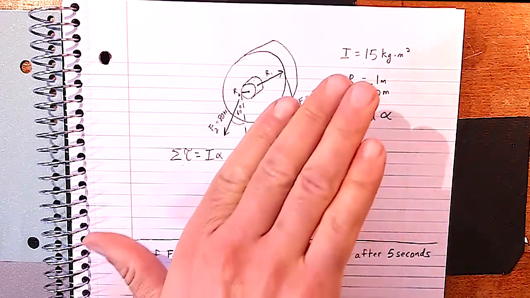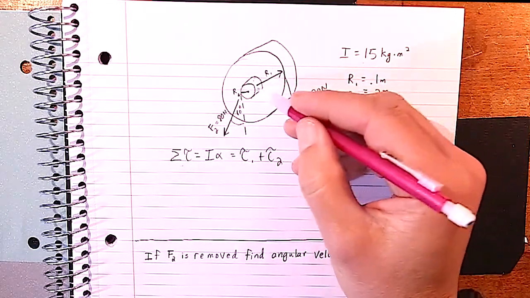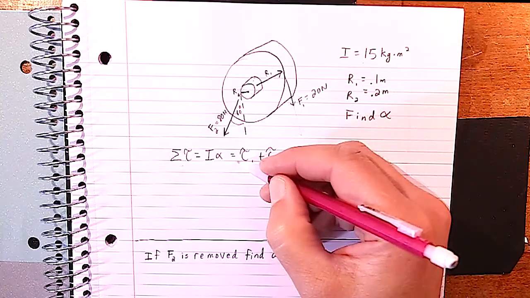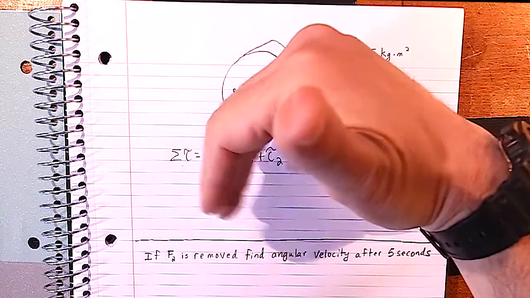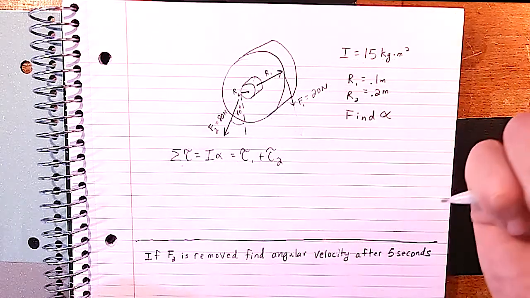But when we use our right-hand rule, we see that this torque right here, the first one, is into the page. So let's call that positive. And then our second torque is going to be out of the page, so that's going to be negative.